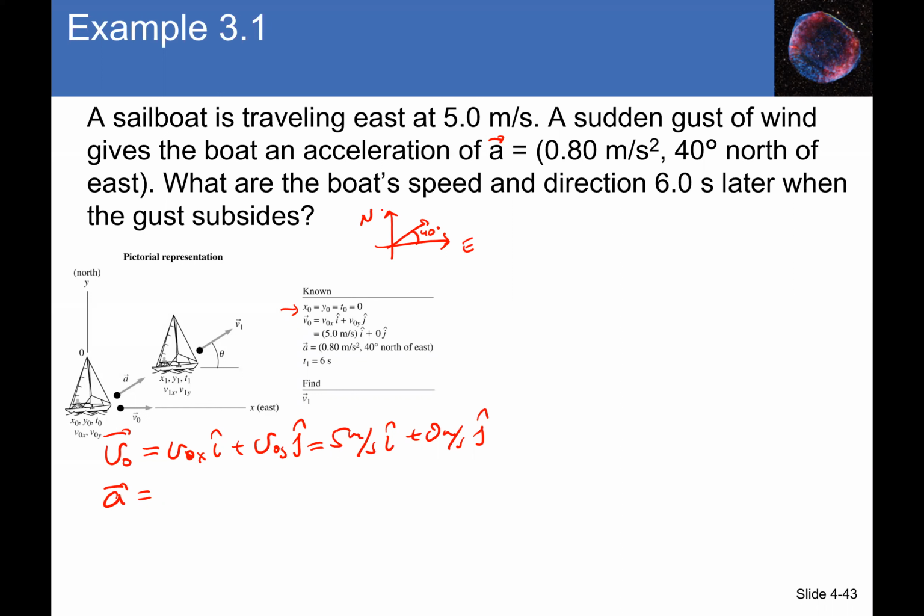If I write this as ax i hat plus ay j hat, then I have 0.8 times cosine of 40 for the i hat component, plus 0.8 sine of 40 for the j hat component.